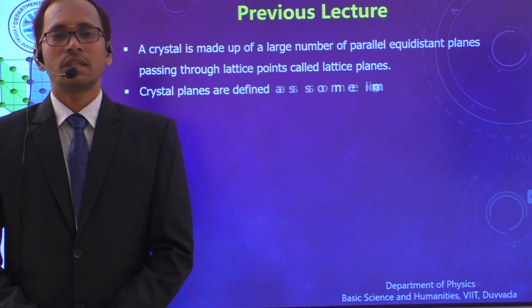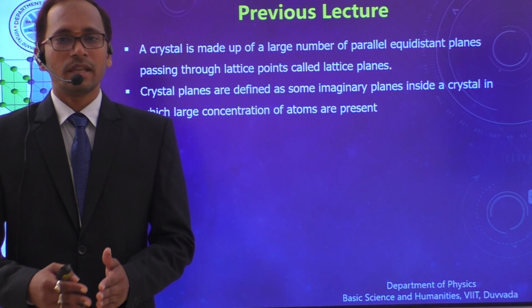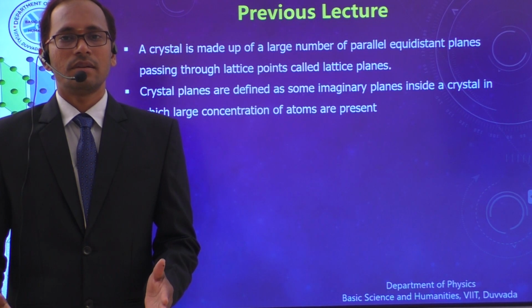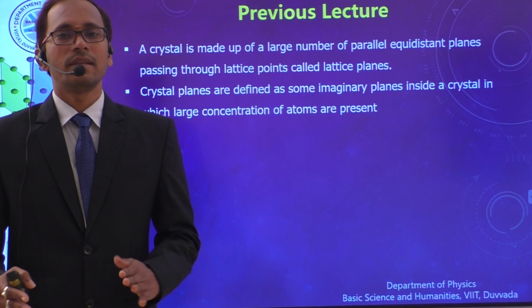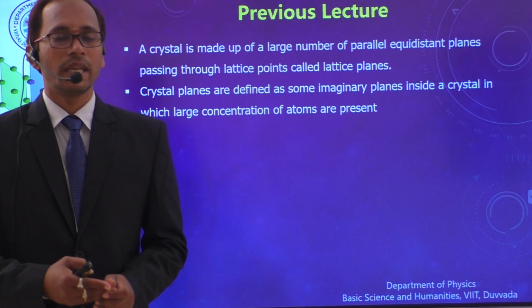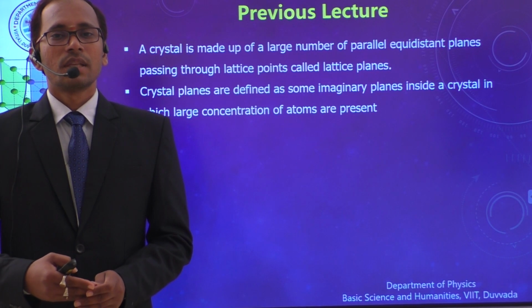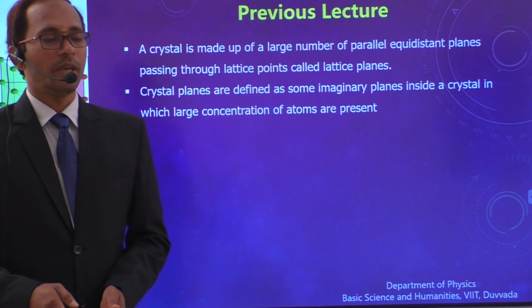In the previous lecture we discussed crystal planes. Crystal planes are imaginary planes inside a crystal where the atomic density is large. That means if we imagine two-dimensional planes in a crystal having atoms on them, those are called atomic planes.